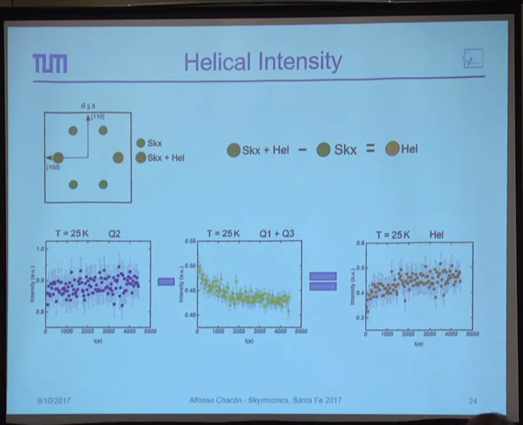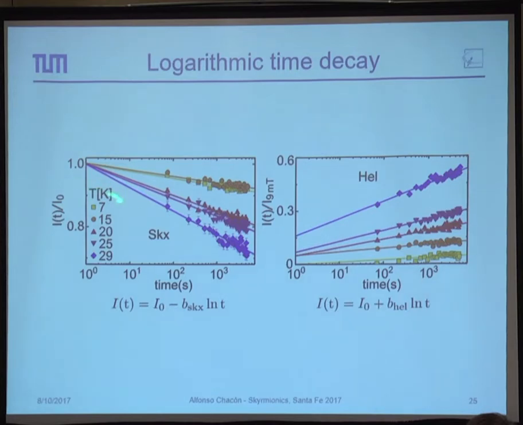And when we observe this, with increasing temperature, you have an increasing rate of decay, and at the same time, an increasing rate of intensity increase in the helical phase. So we fit this data with this logarithmic function, since it's the easiest way to do it.